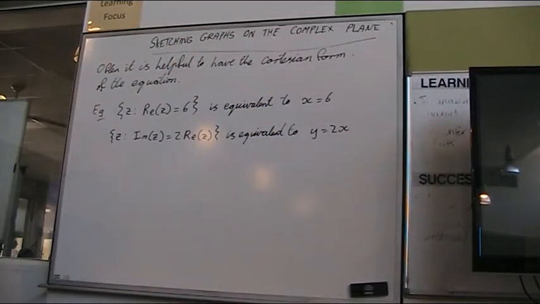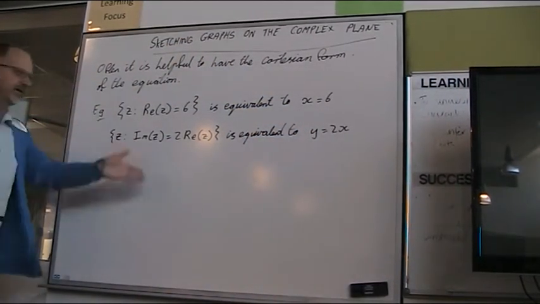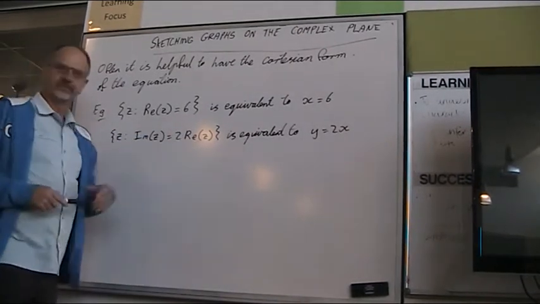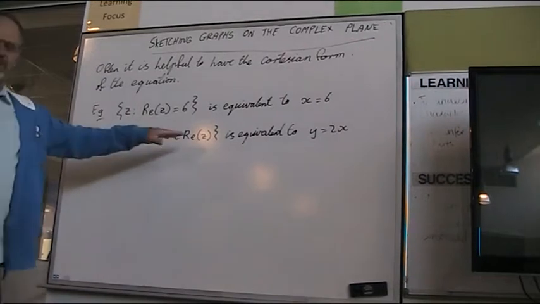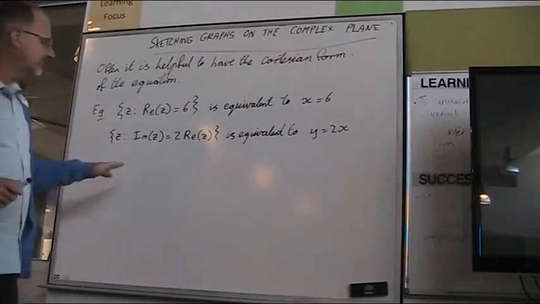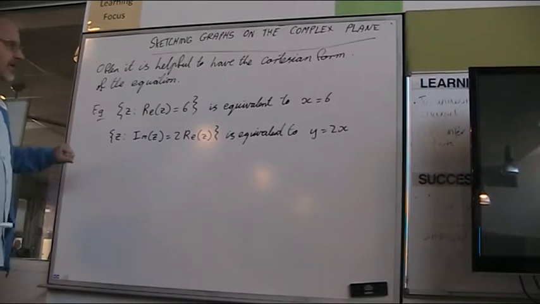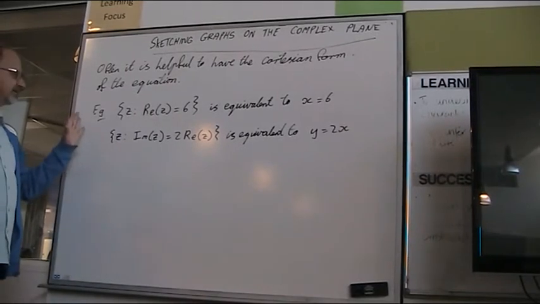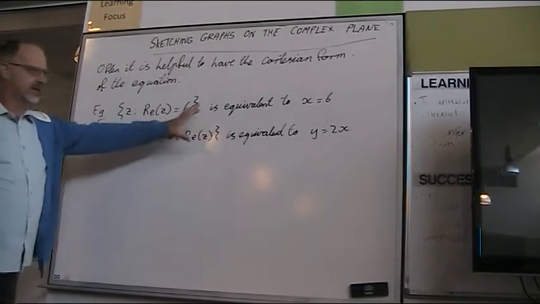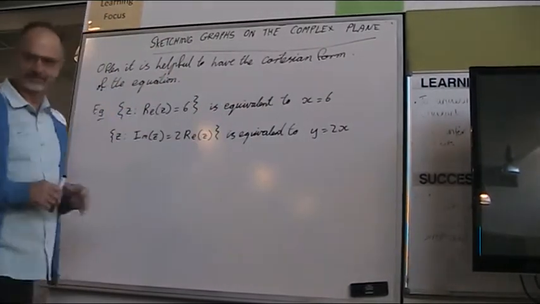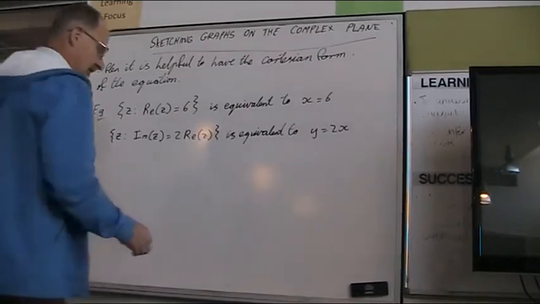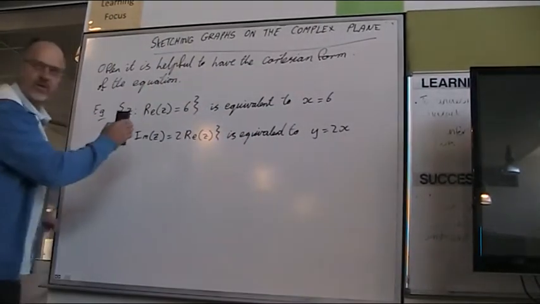And of course the imaginary part's on the vertical axis, the y-axis, the real part is on the x-axis. So it's often easier when we're graphing something to get the Cartesian form and use it to draw the graph. Alright, got all of that?